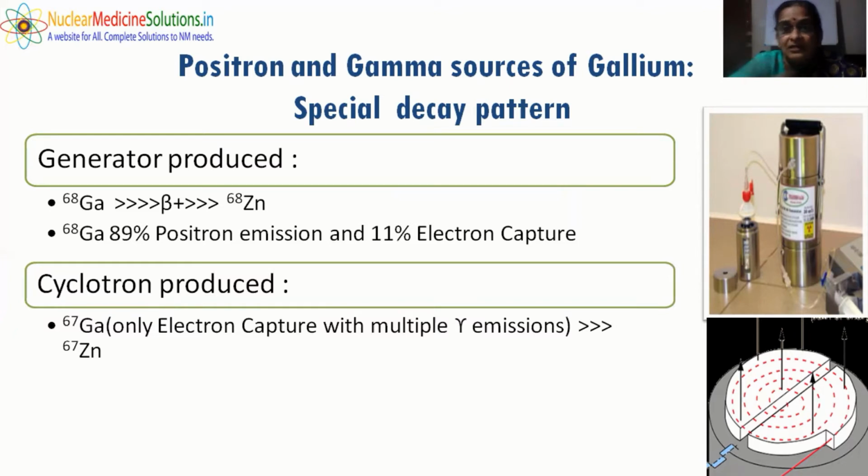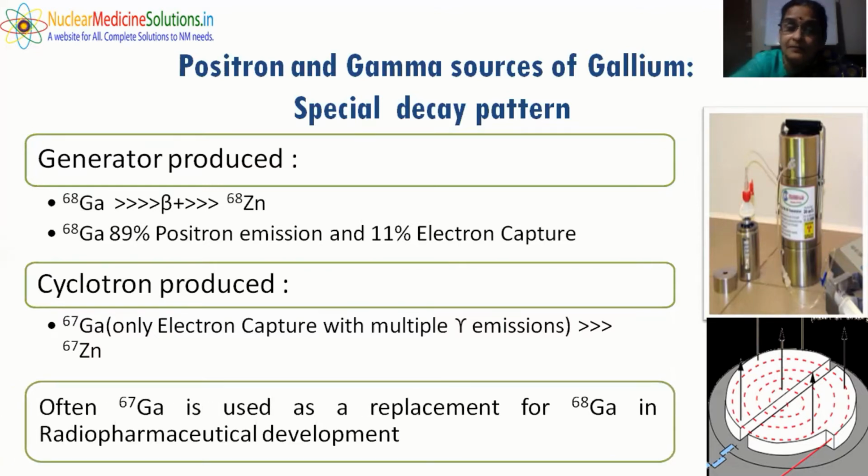Generally the thought is that the cyclotron will produce only positron emitters, but it is not so. Here you can see the variant of this typical pattern: positron emitters from the cyclotron and single photon emitters only from generators. No, this is going to change in the case of the gallium family. It is different, so this is what I want to highlight before we go to the next point.